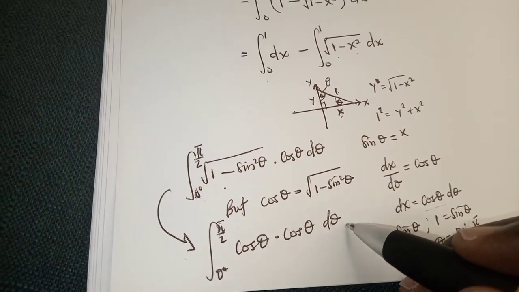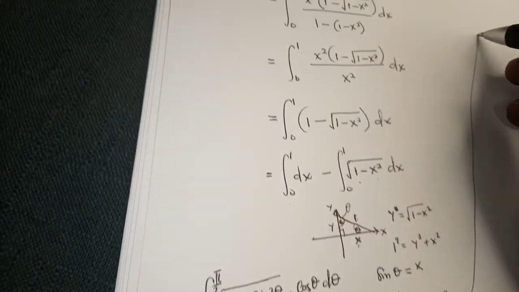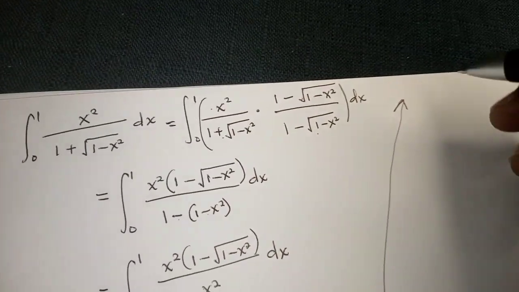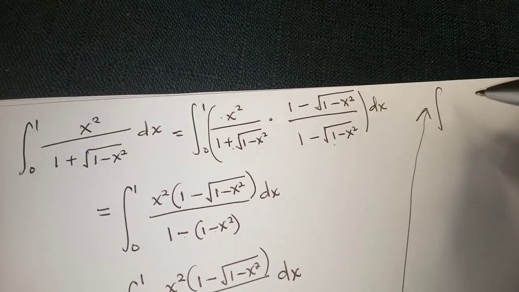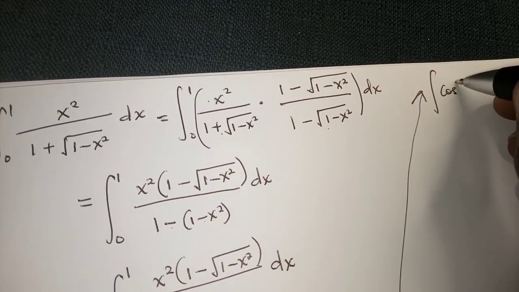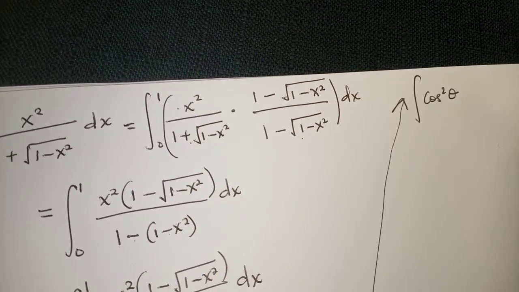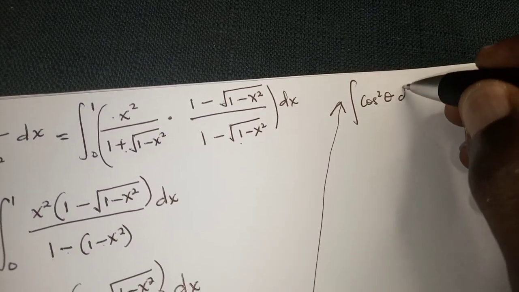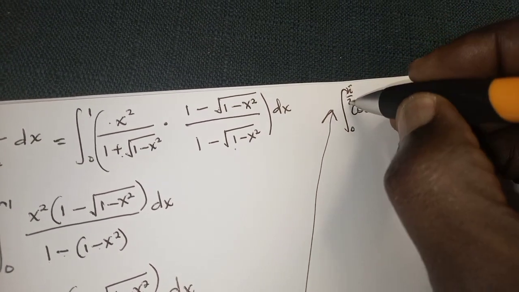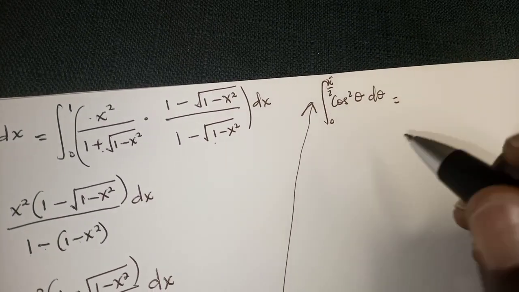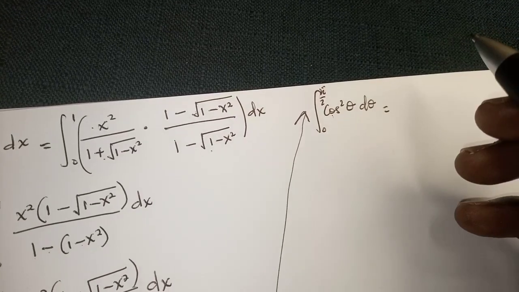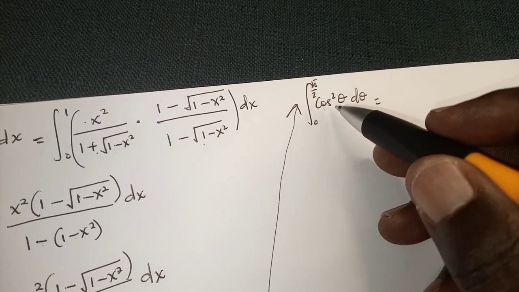So we'll be having the integral of cos squared theta d theta from 0 to pi on 2, since cos times cos is cos squared. Note that cos squared theta is an identity, and you have to use an identity to solve that.